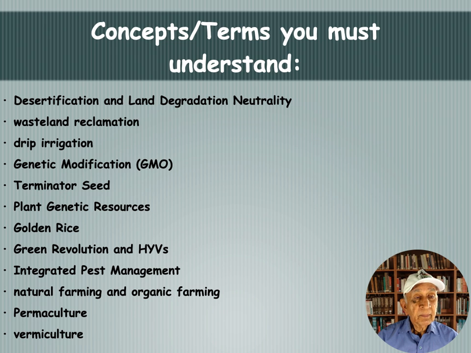What is the meaning of terminator seed? Plant genetic resources? The new golden rice that is being made in the lab, and green revolution and high yielding varieties, integrated pest management, natural farming, organic farming, permaculture, and vermiculture.